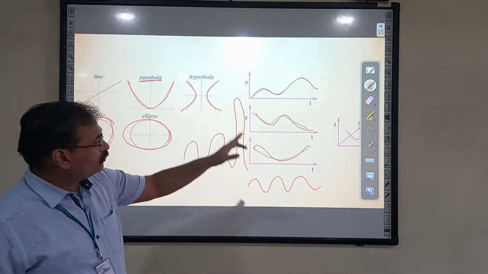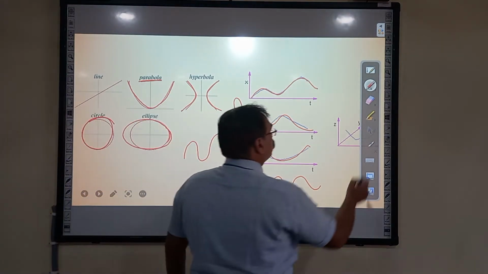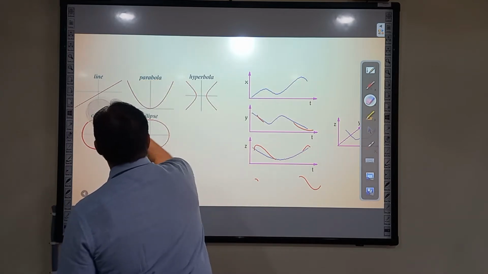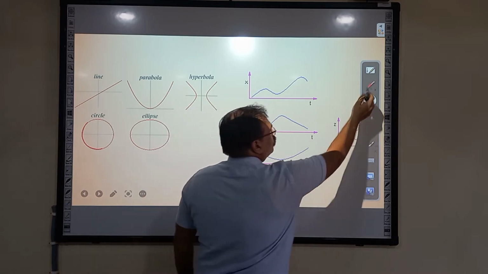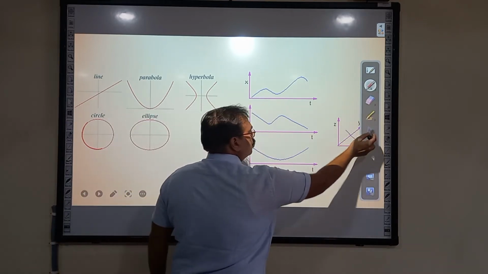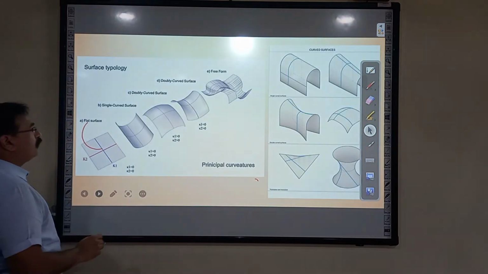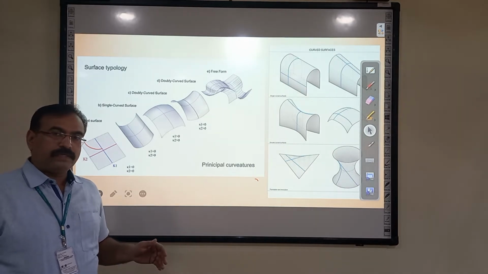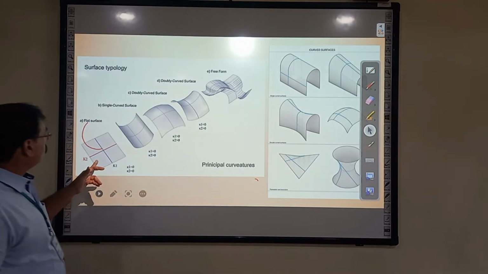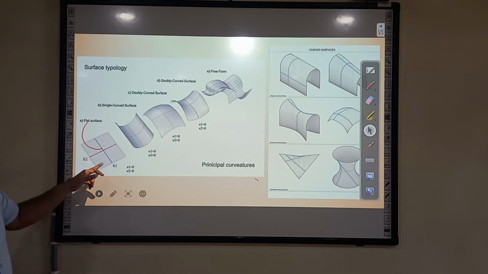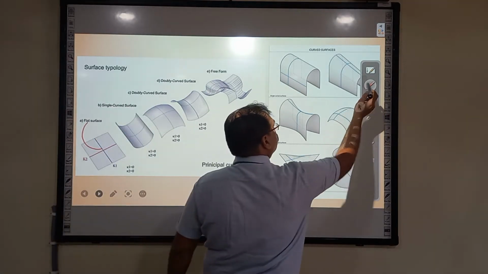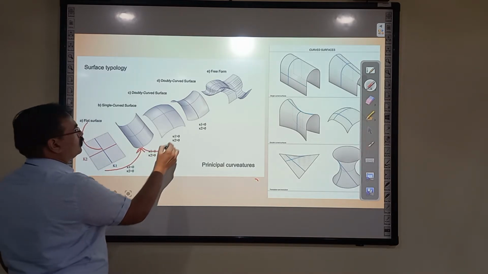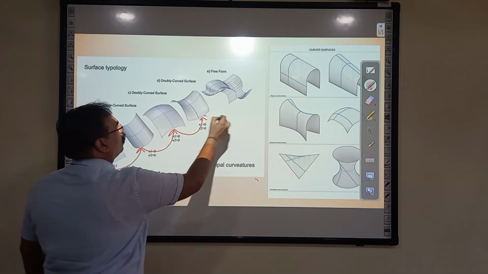Okay, so these are the curves, and next are the surfaces. Curves are 2D, and surfaces are 3D. We need to paint this. In animation, it is possible that a single flat surface may take this shape with some changing parameters, or even this shape.